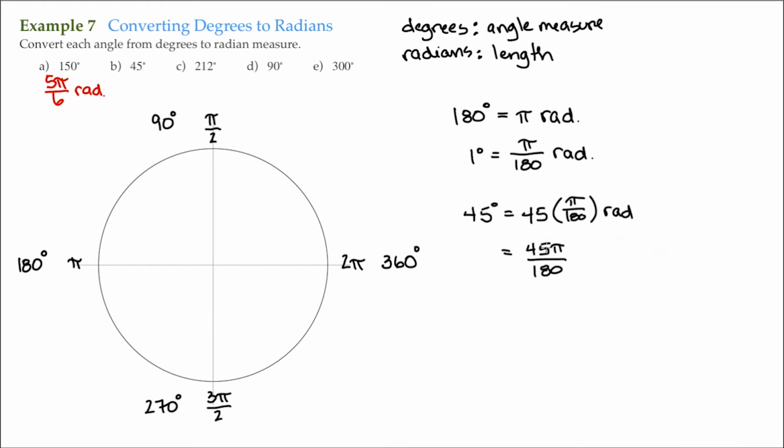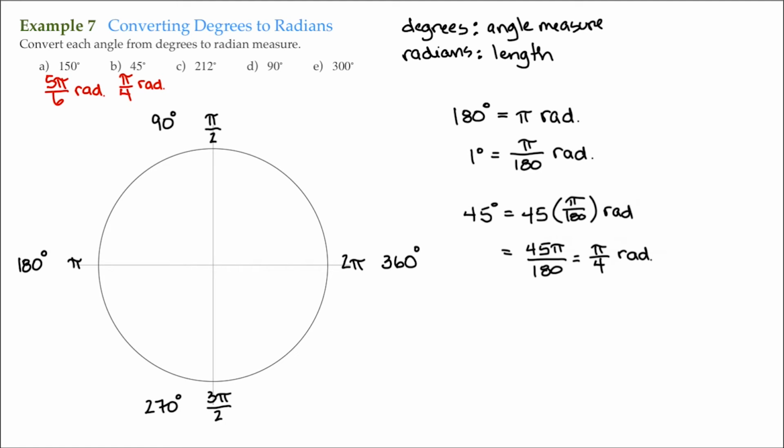And when we reduce 45 over 180, that becomes pi over 4 radian, which we pointed out earlier is right over here. So this is pi over 4 radian.